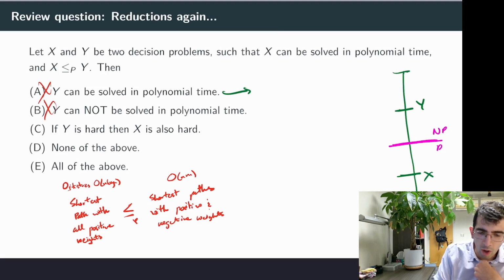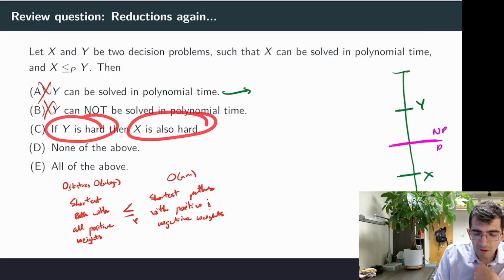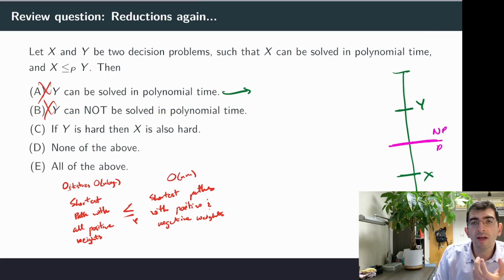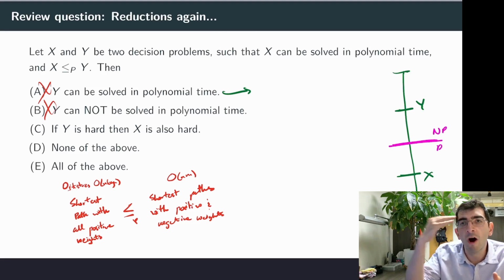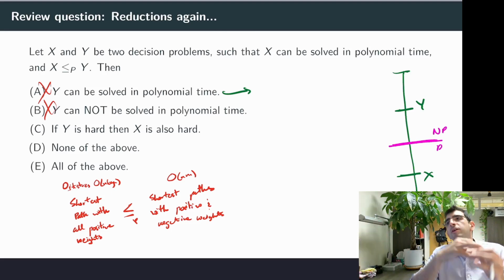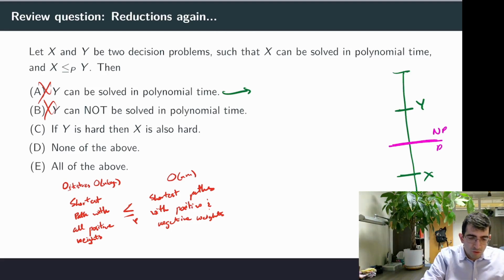And if y is hard, then x is also hard. Again, that's not necessarily true, because you could always reduce an easy problem to a hard problem. Even if we start with shortest path here, I could simply do a reduction which also adds solving some SAT formula.